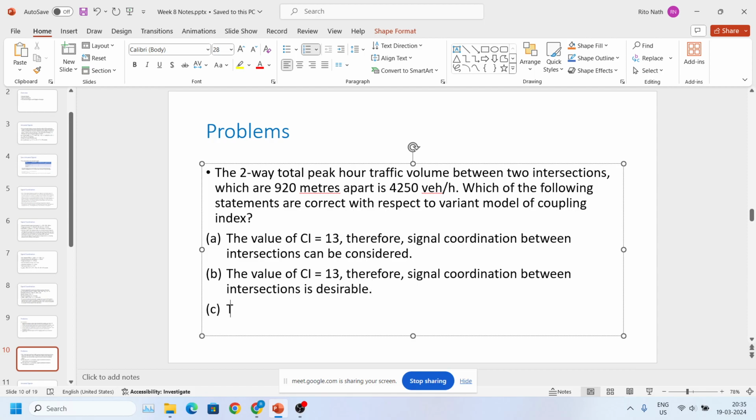C, the value of CI is 0.88, therefore signal coordination between intersections is not required.